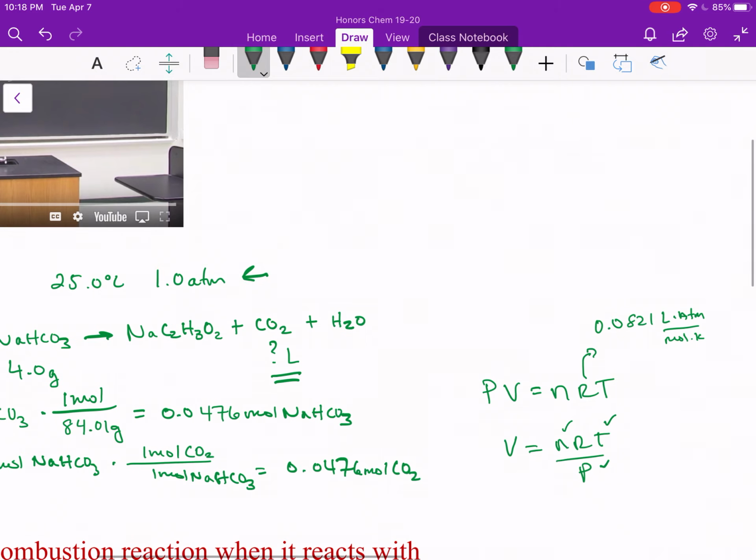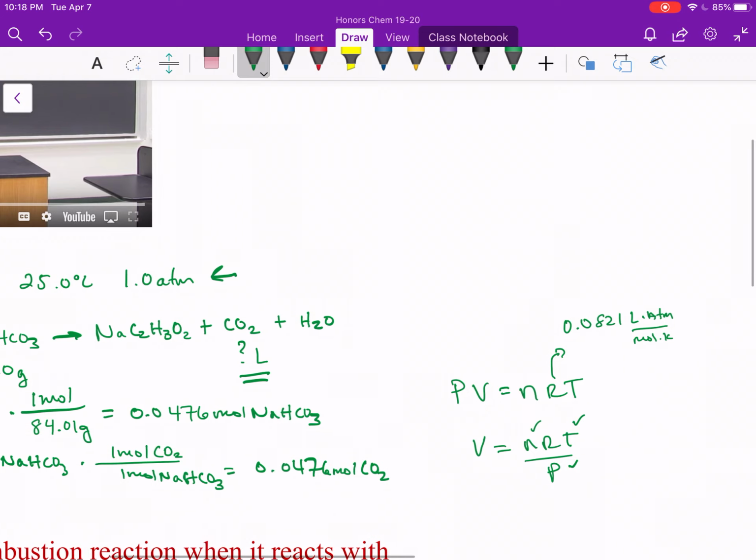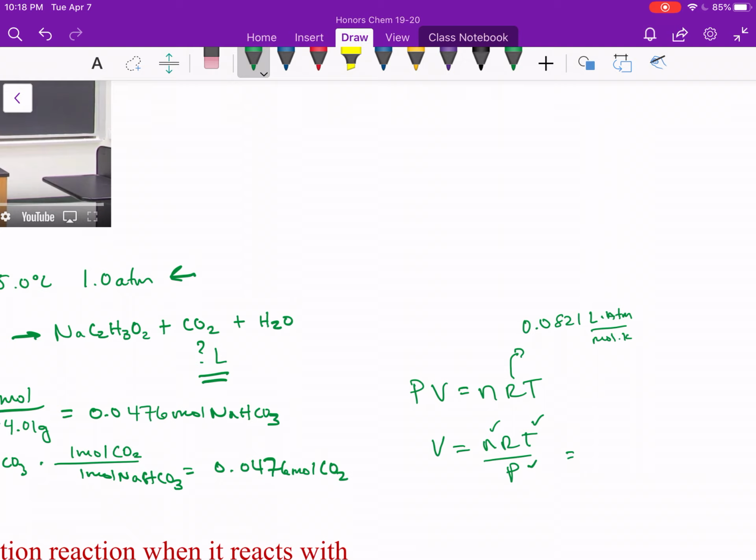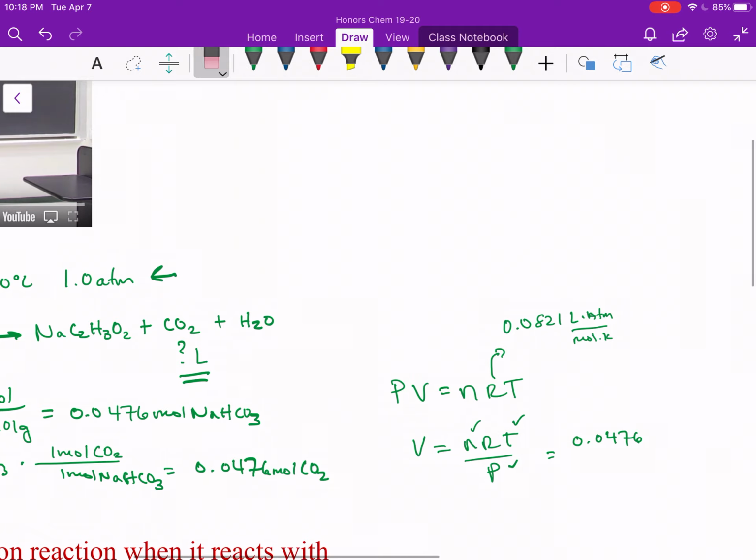Now it's a matter of plugging and chugging, making sure that we're in the right units. We already have moles, so we're going to say we have our 0.0476 moles of CO2.